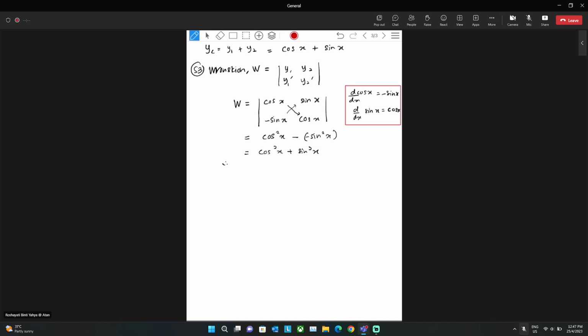Cos squared plus sine squared equal to 1.